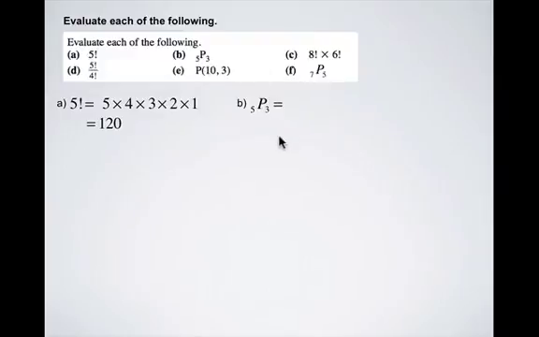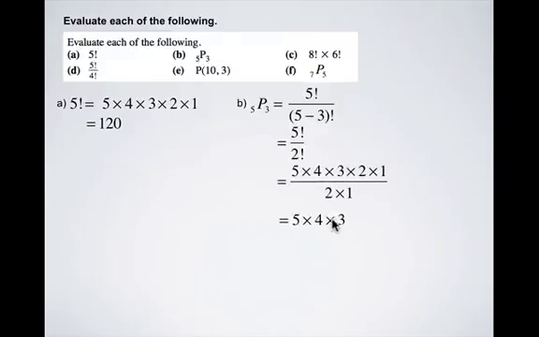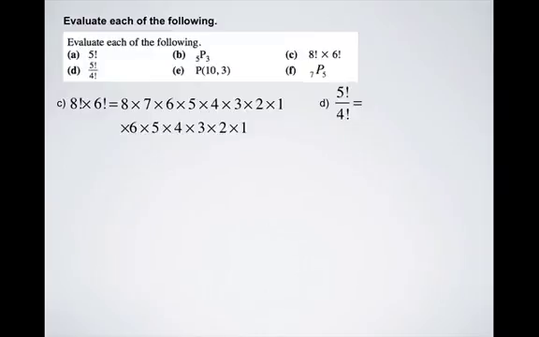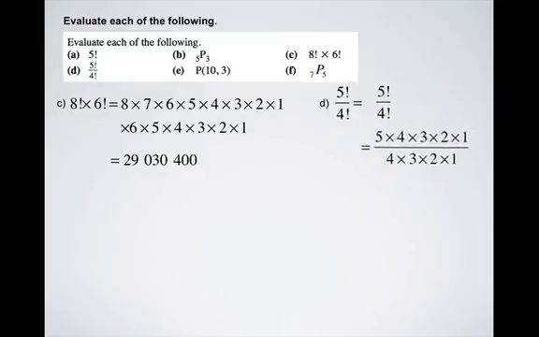The permutation of 5 choose 3, well, we saw this before, is 5 times 4 times 3, which is 60. 8 factorial times 6 factorial simplifies to be this, which is 29,030,400. 5 factorial over 4 factorial is 5.